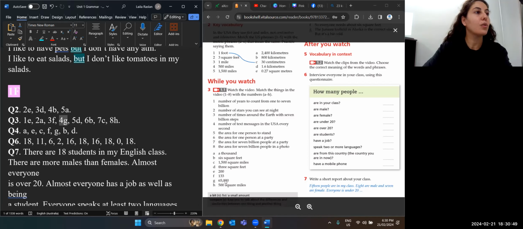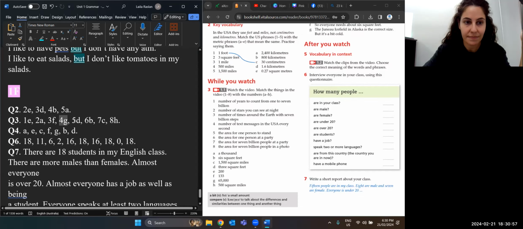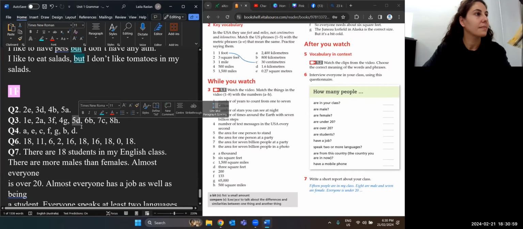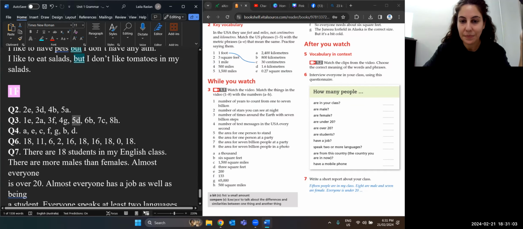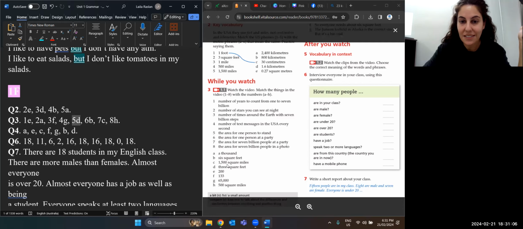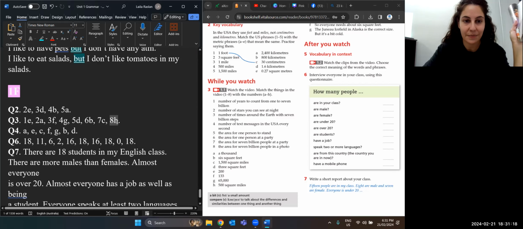And the area for one person at a party, the space, the area: 6 square feet. The area for 7 billion people at a party, 1,500 square miles. The area for 7 billion people in a photo, 50 square miles.